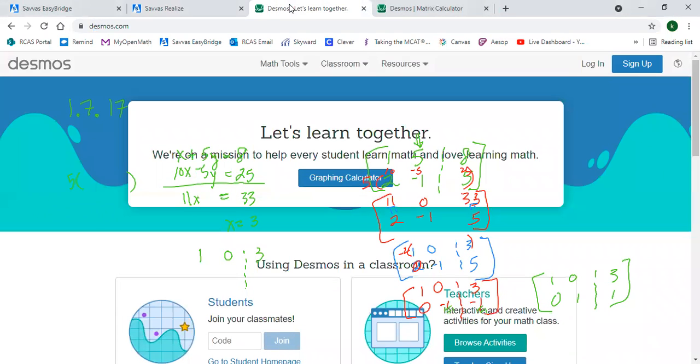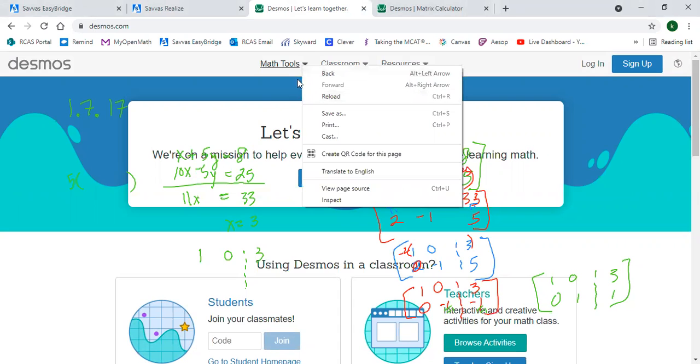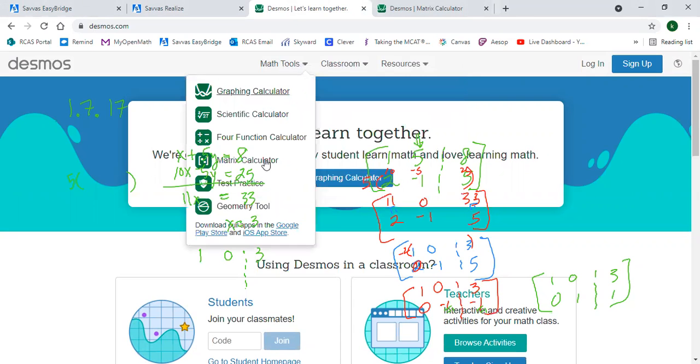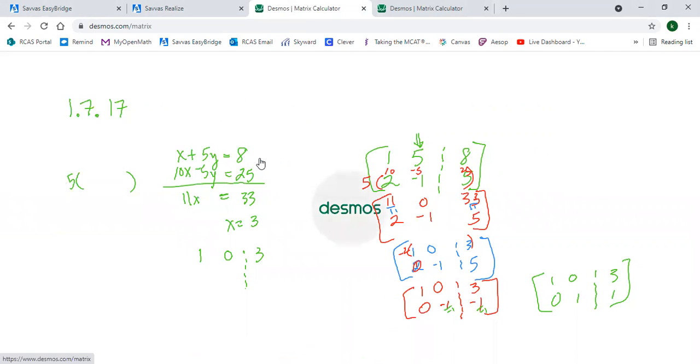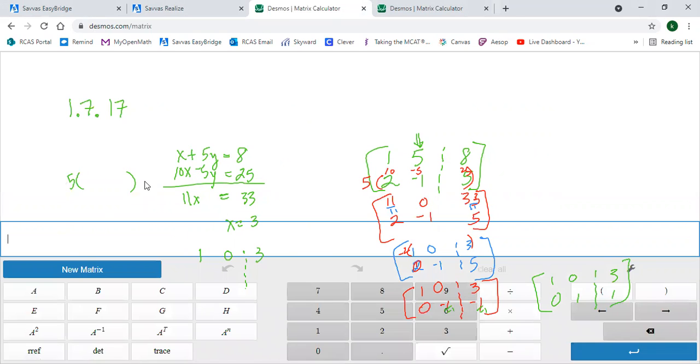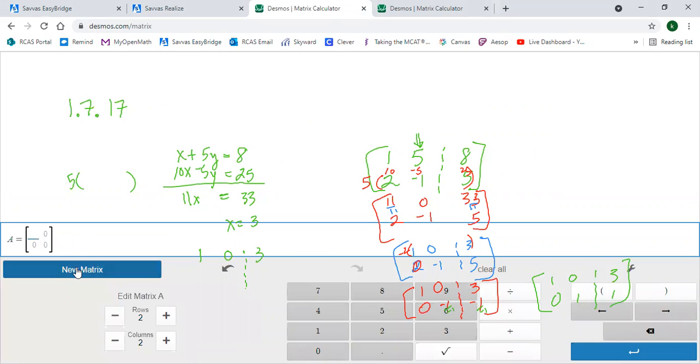And then up at the top in Desmos, where it says Math Tools, there's the matrix calculator. Get that open. And then we wanted a new matrix.